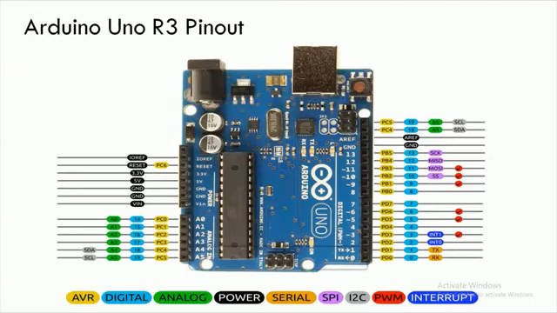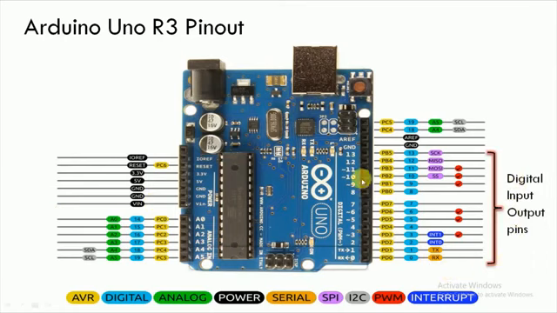So this is the pinout for Arduino. It has got 14 digital pins and 5 analog pins and some power pins. So first of all, it has got analog input pins which are A0 to A5, and it has got power pins. The power pins has got one reset pin, 3.3 volt pin, 5 volt, 2 ground pins, and one Vin, that is the voltage input pin.